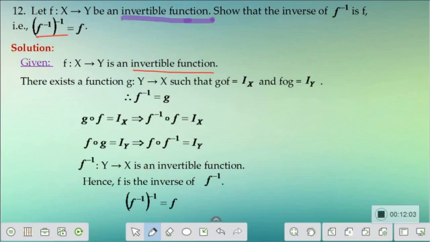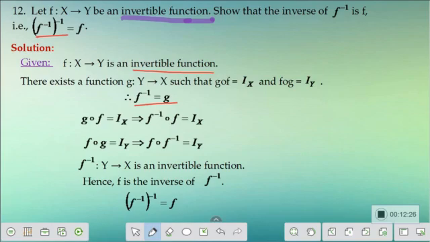This is because of the definition, or because of the information given in the question, that f is an invertible function. So this tells us that we have an inverse and that inverse is nothing but your g. So I can represent that by f inverse equal to g. So we have got the inverse of the given function and we have represented that by g.